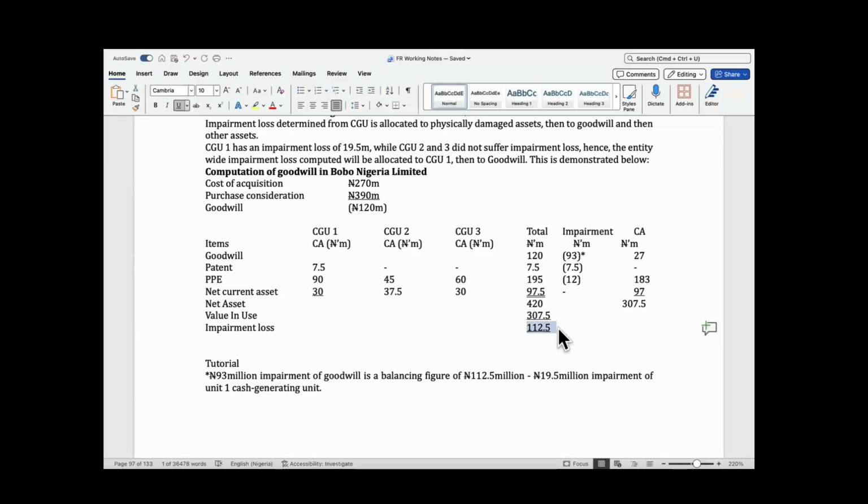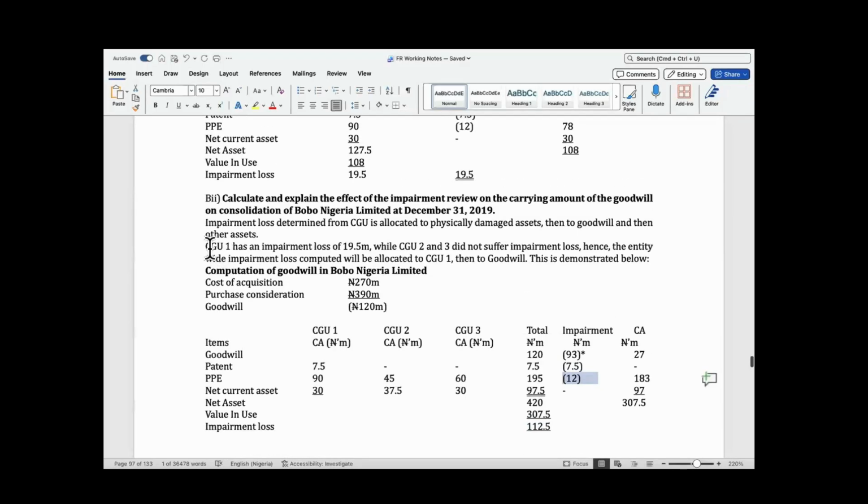From solution one, I already know that CGU1 was impaired by 19.5, so I just spread it based on my solution in one above. For patent and PP, I take away the 7.5 and 12. This is what I explained here, that CGU1 has an impairment loss of 19.5, while CGU2 and 3 did not suffer impairment loss. I was able to say that because they didn't tell me anything to the contrary.